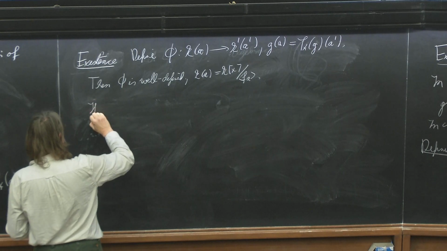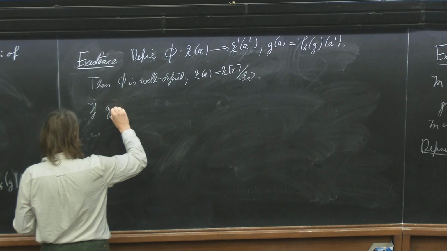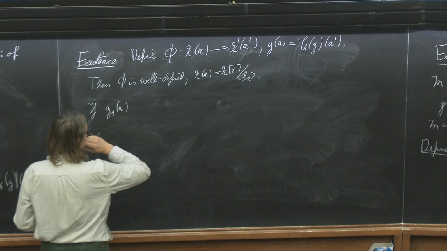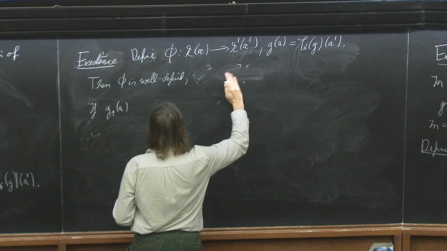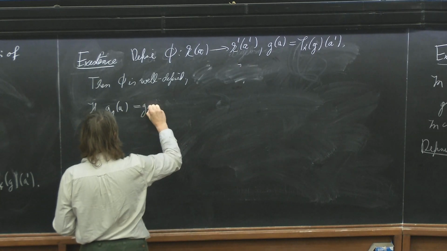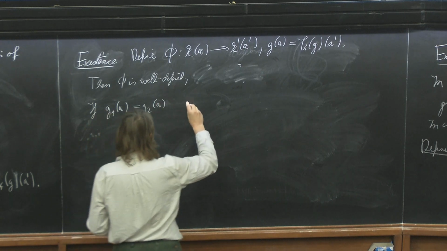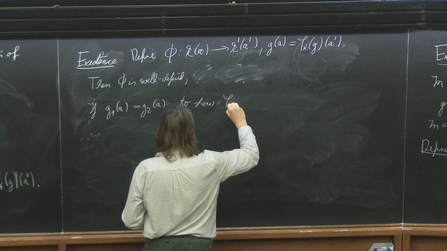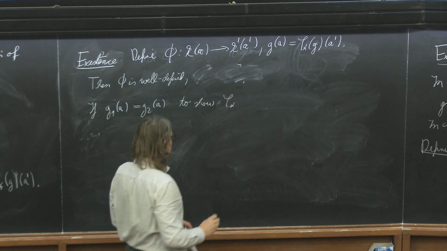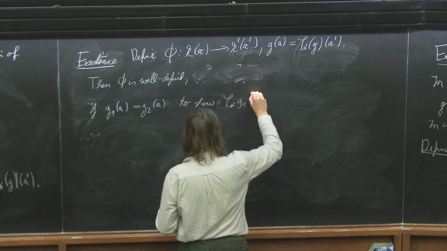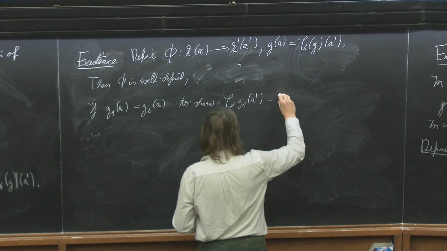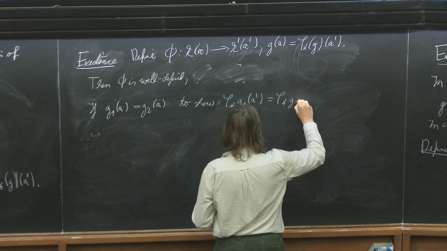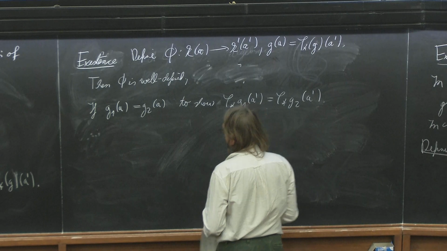So the well-definedness: if g1 of A is equal to g2 of A, we have to show phi star of g1 of A prime is equal to phi star of g2 of A prime.